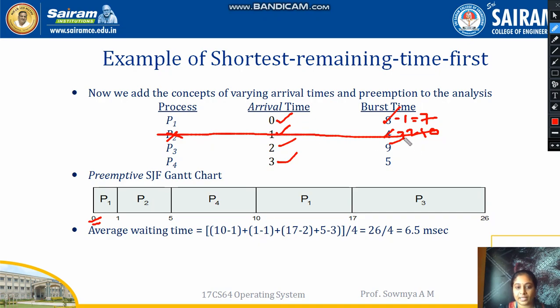P2 has 4 seconds, but it started at 1 second and its arrival time was 1 second, so 1 minus 1, 0. P3 arrived at the 2nd second but was allocated at the 17th second: 17 minus 2. Then comes P4. P4 arrived at the 3rd second and was allocated at the 5th second: 5 minus 3. So the total waiting time was 26. 26 by 4 gives 6.5 milliseconds of average waiting time.